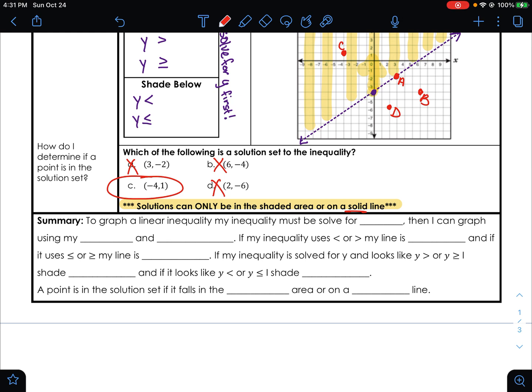So moving on to our summary: to graph a linear inequality, my inequality must be solved for, yep, you said it, y. Then I can graph using my blank and blank. Well, what 2 things did we need to use to graph? We needed our slope and our y-intercept.